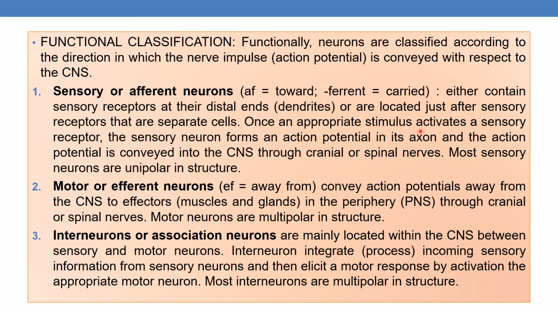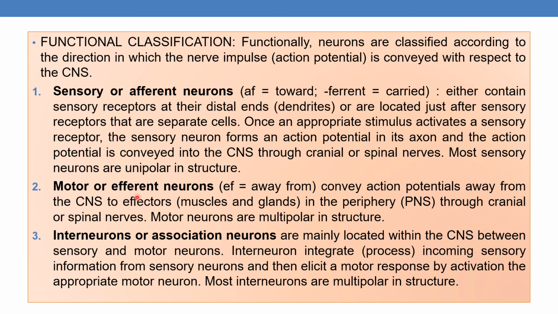Once an appropriate stimulus activates the sensory receptors, the sensory neuron forms an action potential in its axon and the action potential is conveyed into the CNS through cranial or spinal nerves. So sensory or afferent neurons convey action potential from sensory receptors to the CNS. Most sensory neurons are unipolar in structure.